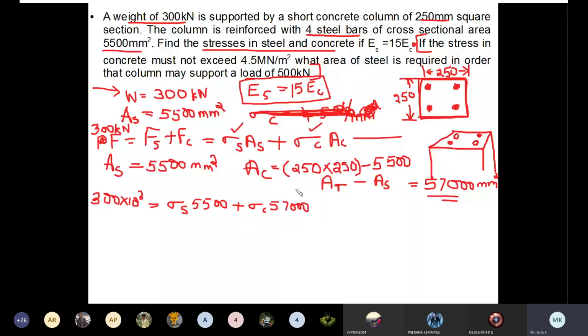You can simplify this. So this is equation number 1.